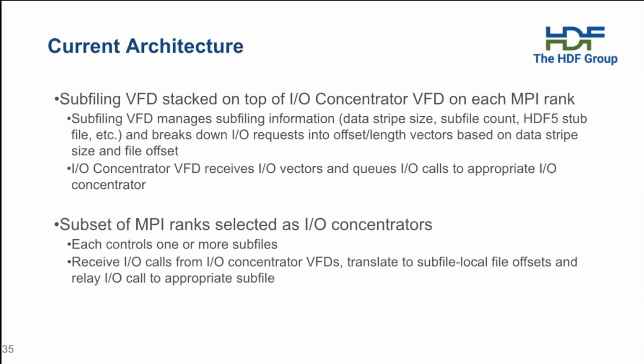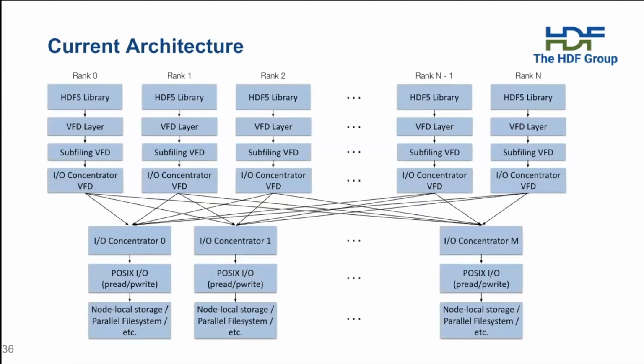So in the current architecture, there's a subfiling VFD that manages the bookkeeping, and then the IO concentrator does the actual routing of the data. Again, some subset of the ranks are used as IO concentrators that do the actual IO. So here's the diagram again.